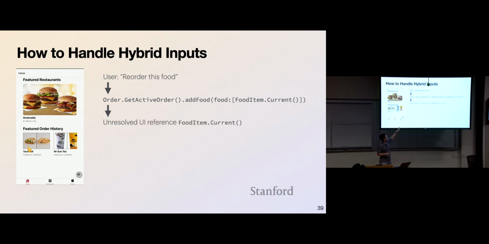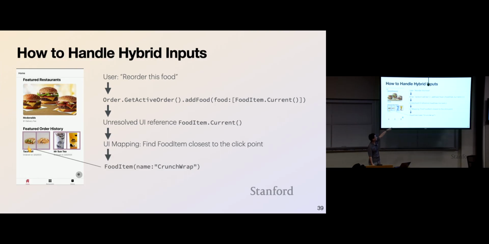In this case, I need to figure out which food item the user is referring to by the tap point. So I look at the UI mapping, because I recorded which pixel range represents which object. Then I can resolve this and know that it is a food item, which is the Crunchwrap from Taco Bell. And I can continue the execution using that object as food.current.